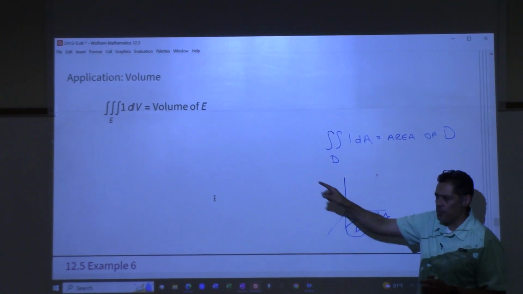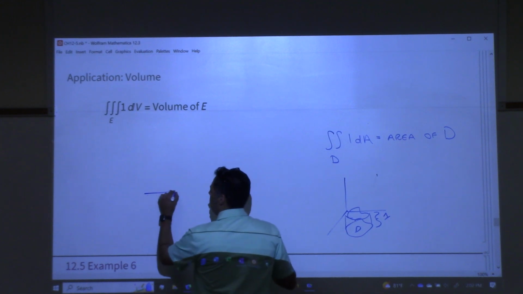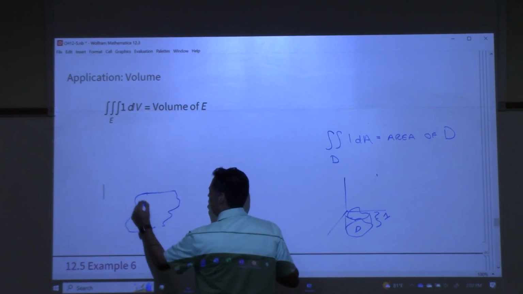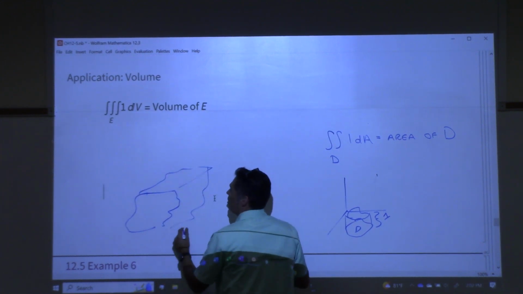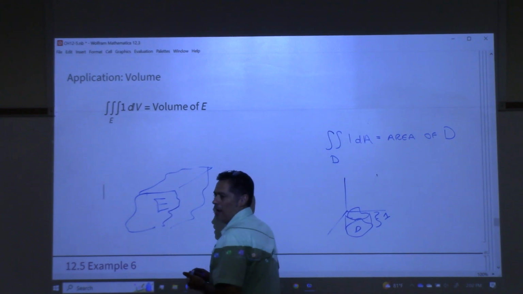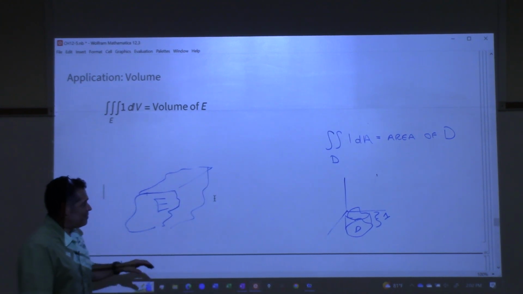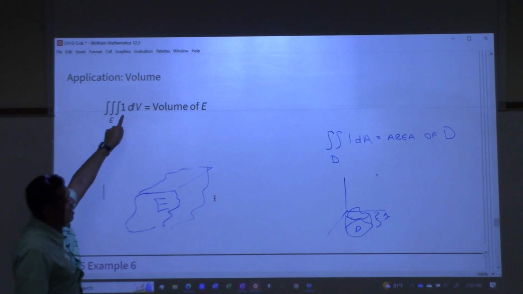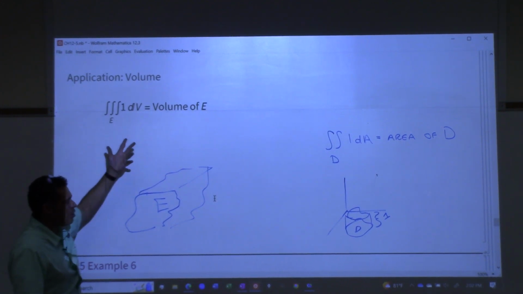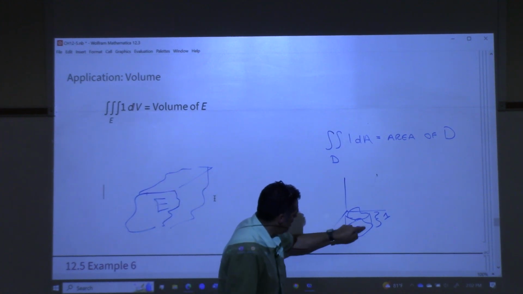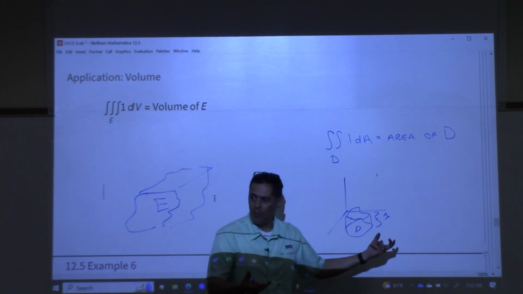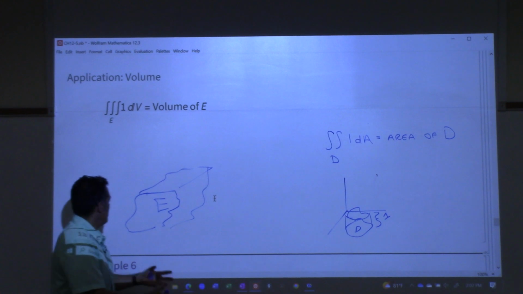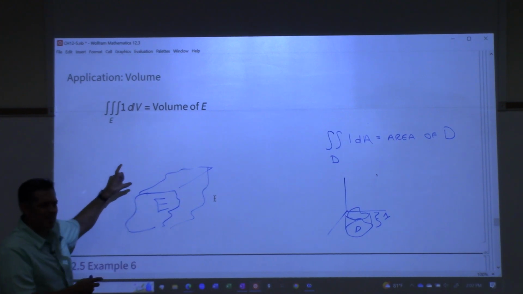That same principle applies here. If we have some solid in three-dimensional space, this is our domain E, and this is the constant 1 function, then this area times that height gives you volume. But what is this volume times its height?